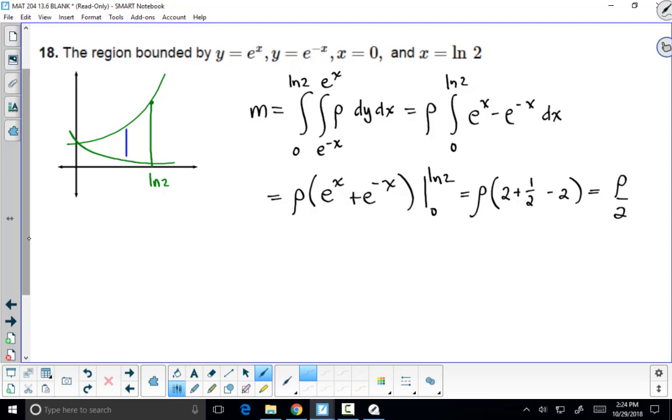Do we need the rho? You said you could just put 1 there, right? So it'd just be 1/2? Because in this case, what we're going to see in a moment is that when you take your moment and you divide it by the mass, the rhos are going to cancel.